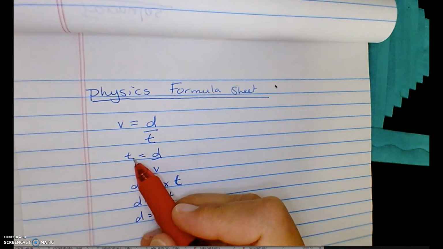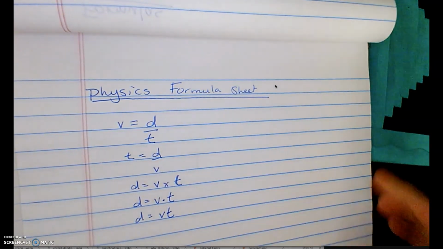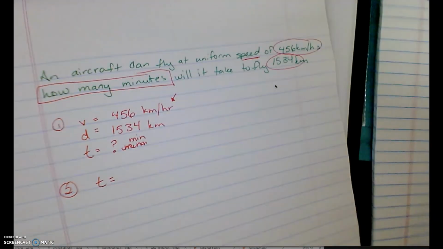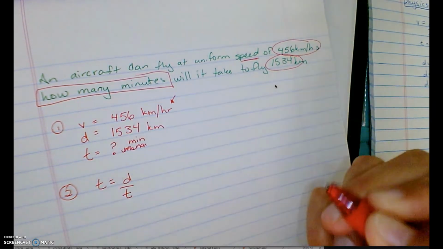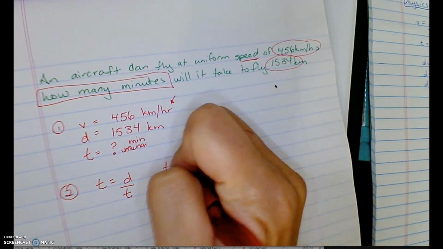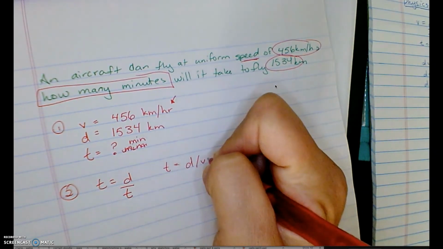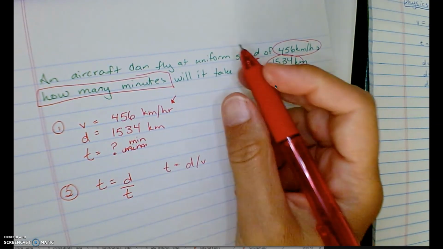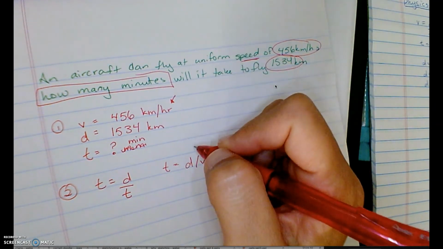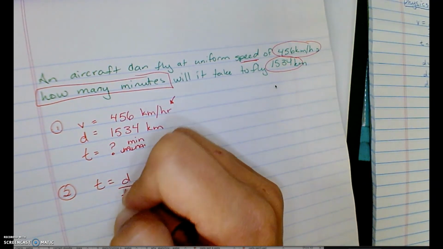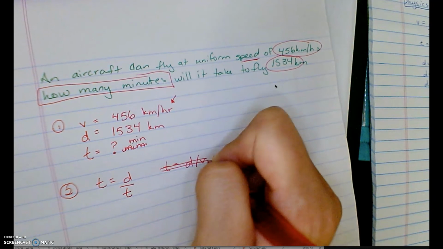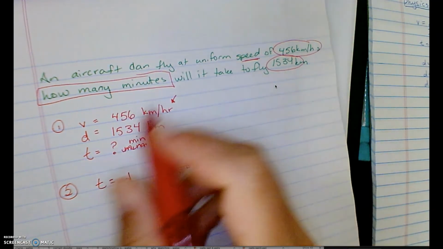We're looking for T this time, so we need D over V. And we're writing them like this. I know you might want to write D divided by V on one line, and it doesn't matter that much right now, but in terms of unit analysis, and especially for chemistry, you always want to write them one on top of the other.